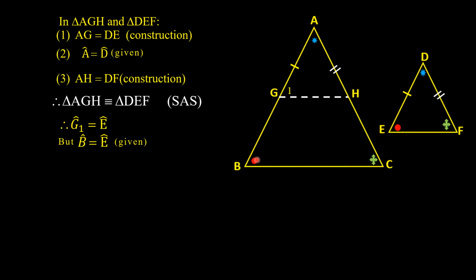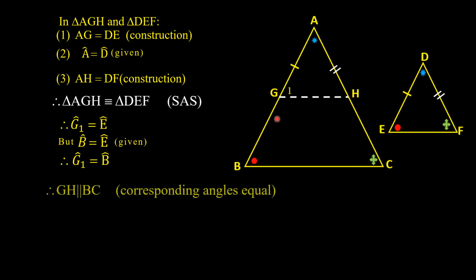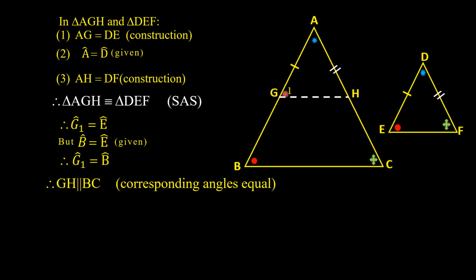Therefore, G1 is equal to B. Now, what type of angles are they? They are corresponding. If you consider these lines BC and GH, G1 and B are corresponding angles. So what we understand, GH is parallel to BC.